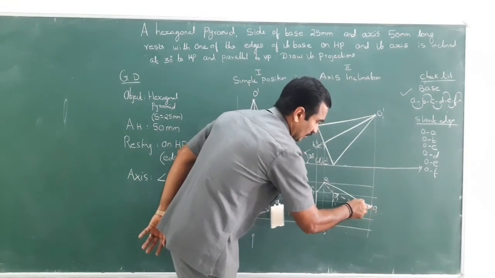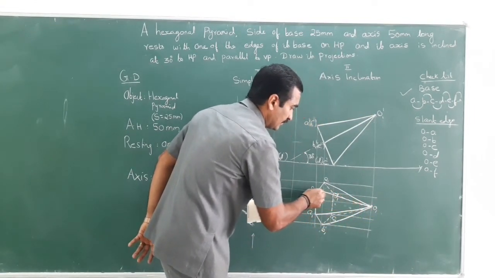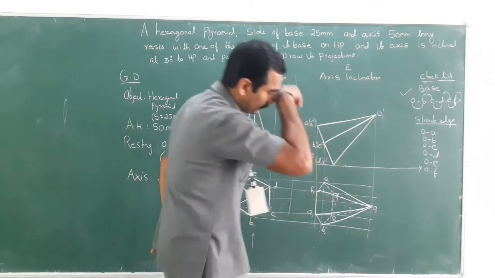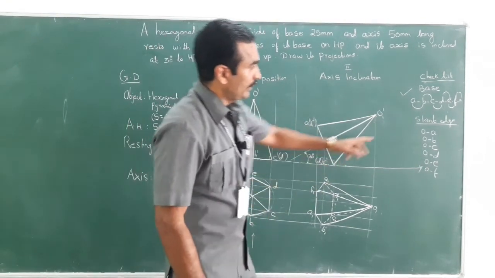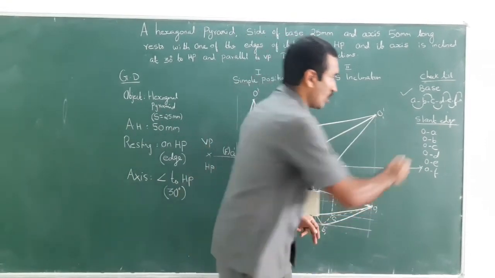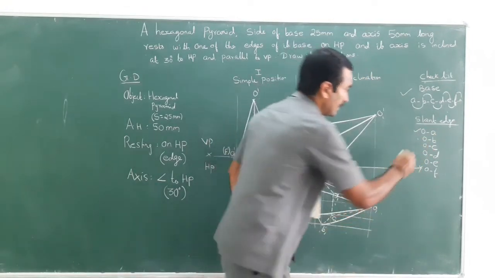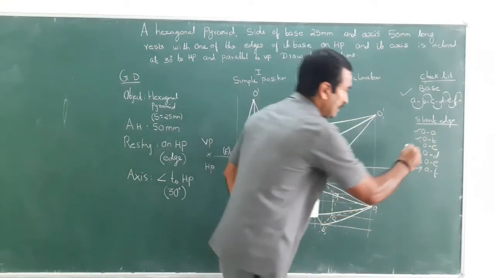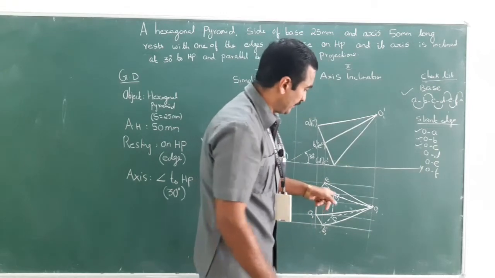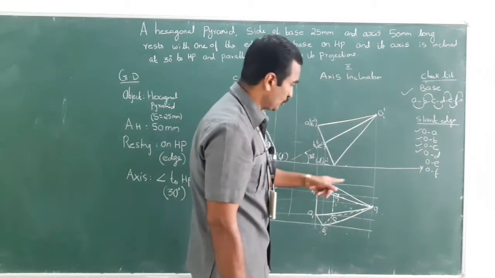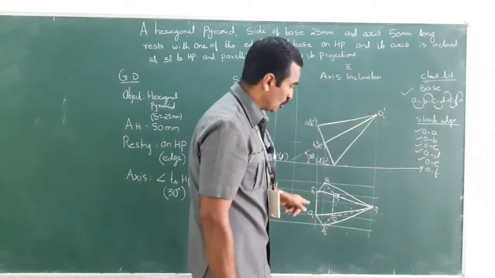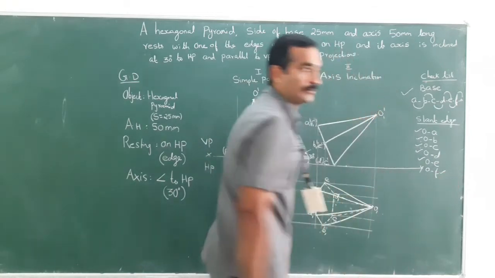Just draw a dark line by connecting E and F. So O to A is drawn, O to B is covered, O to C is covered, O to D is covered, O to E is covered, and O to F is also covered.